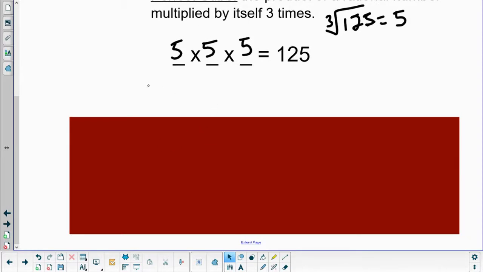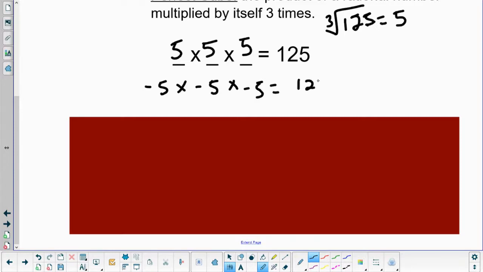Now let's see if the negatives work. If I do -5 times -5 times -5, am I going to get 125? Well, -5 times -5 gives me positive 25. What's positive 25 times -5?